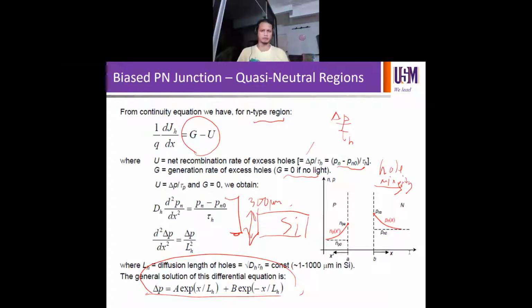Do you want them to travel as short as possible or as long as possible? As long as possible, right? Yes, correct. So we want the carriers to travel as long as possible.